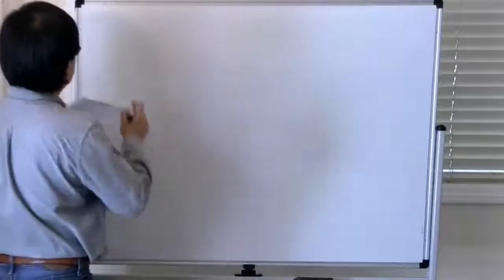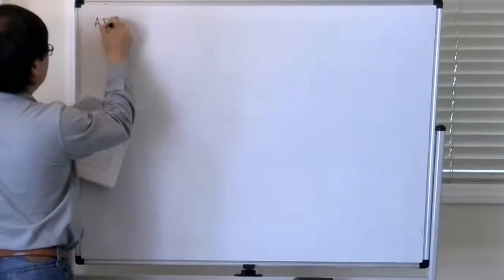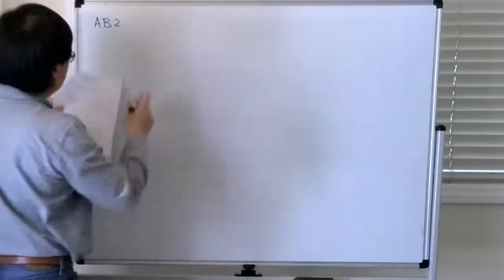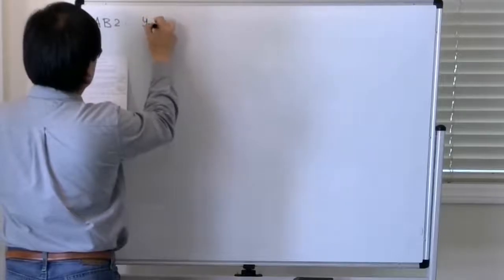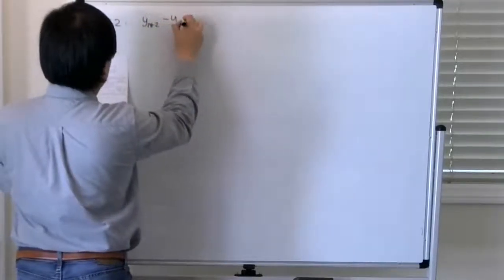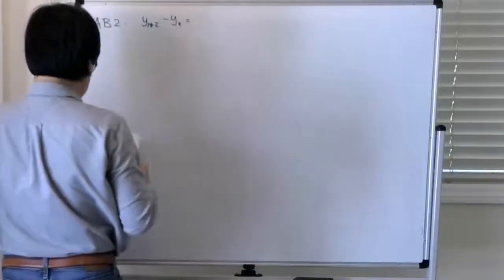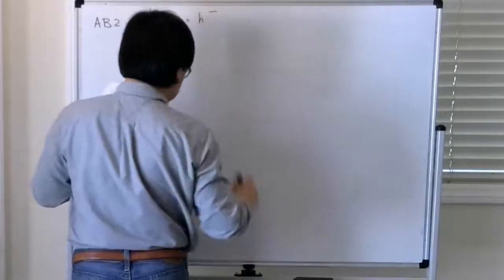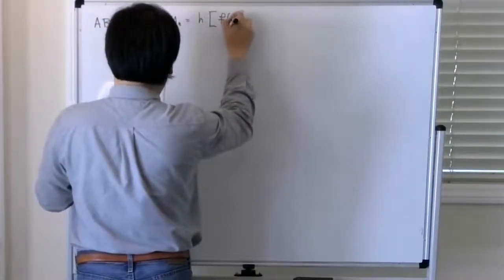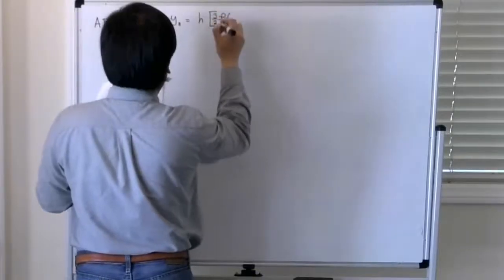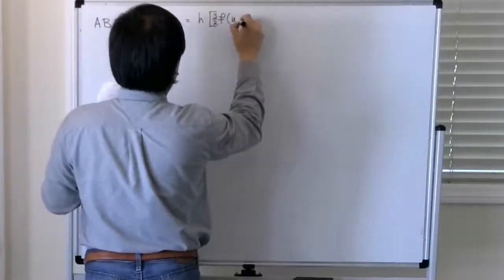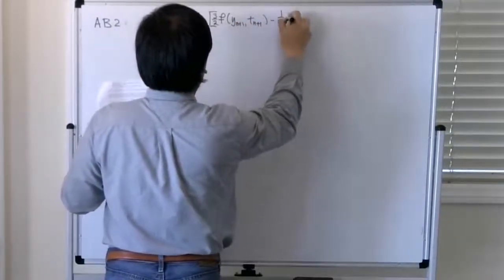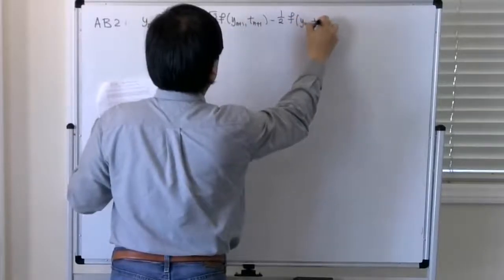So we have the Adams-Bashforth method with two steps, which is of the form y_{n+2} minus y_{n+1} is equal to h times 3/2 f evaluated at y_{n+1}, t_{n+1} minus 1/2 f evaluated at y_n, t_n.